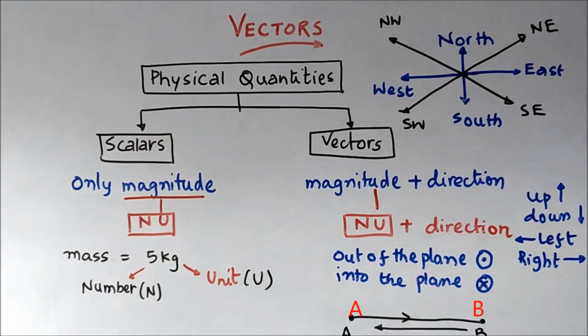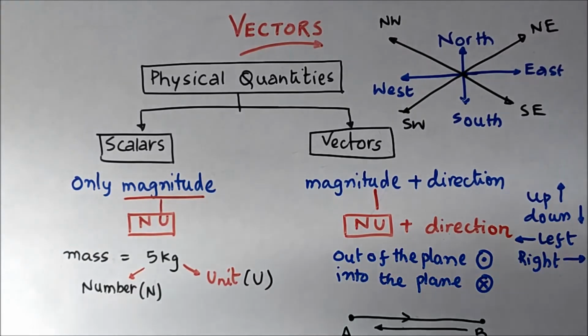Directions can be represented in many ways, and we are going to see it in the coming questions. So what is the basic difference between a scalar and a vector? Scalars have only magnitude and vectors have magnitude and direction. But this difference is not at all sufficient to differentiate between scalar and vector.